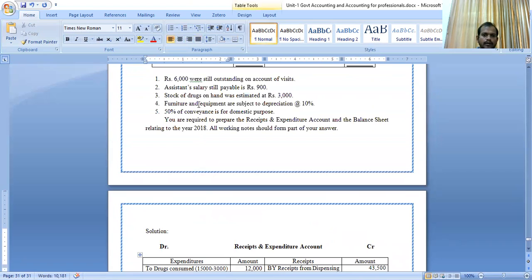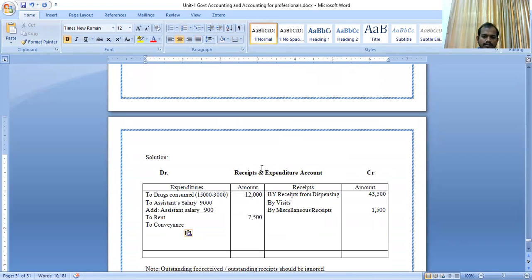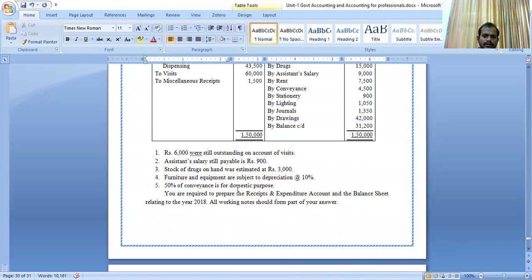Conveyance, but we have an adjustment: 50% of conveyance is for domestic purpose. In the sense we have to evaluate the professional purpose of conveyance only. So 50% we charge to the receipts and expenditure account as an expenditure, and 50% is like personal use.